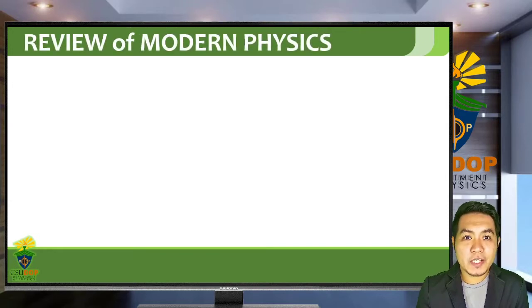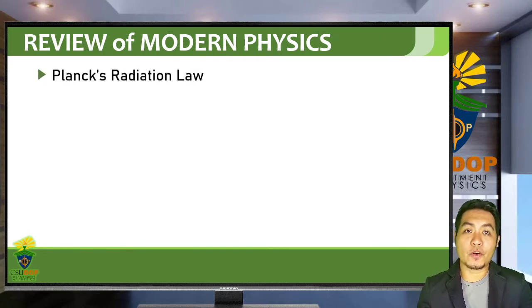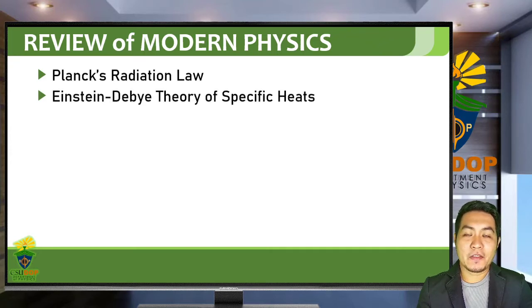Before we proceed, I will just point out the things that you need for this course. Since the prerequisite for this course is modern physics, you need to review these concepts. Planck's radiation law, black body radiation, Einstein-Debye theory of specific heat, where temperature is just due to vibration of molecules.